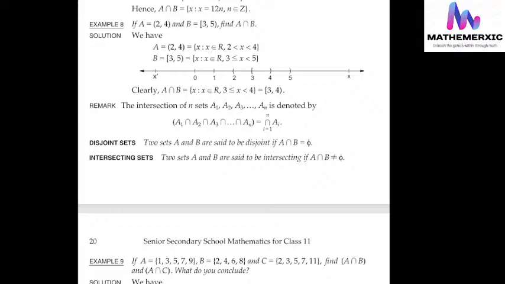And similarly, B is a right open interval where we have x such that x belongs to R, x is equal to or greater than 3 and less than 5. So we have two values here in this case.